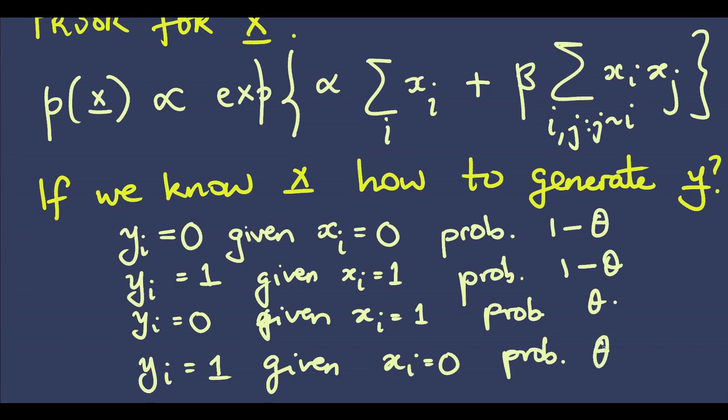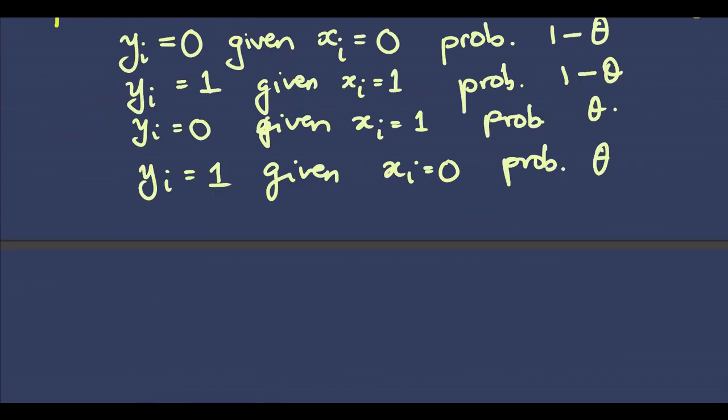And what this allows us to do now is to write down the conditional distribution for a given pixel yi of the noisy image, given that we know the value of the true image. So what we want is that when x and y are the same as each other, we pick up a probability of 1 minus theta. And when x and y are different from each other, we pick up a probability of theta.